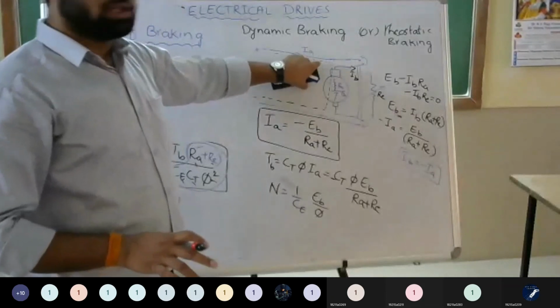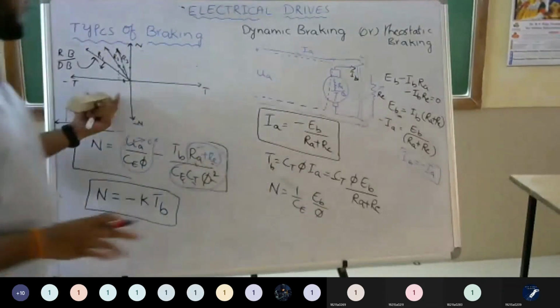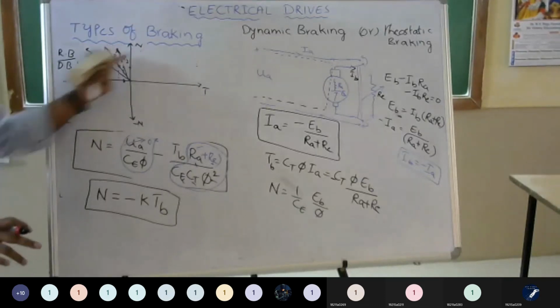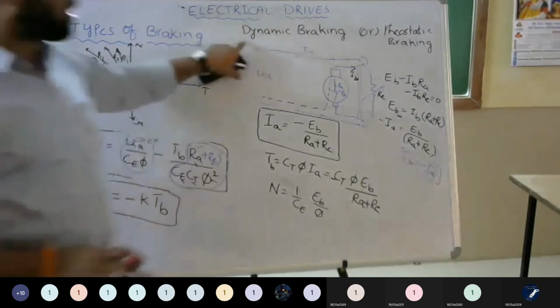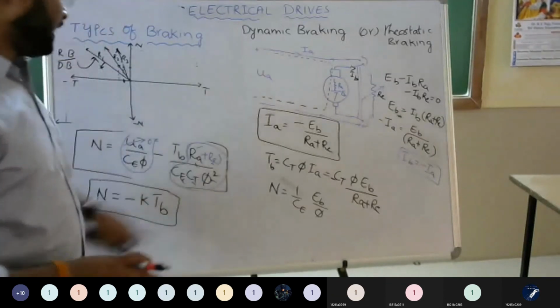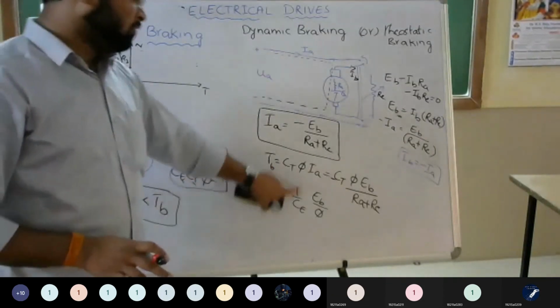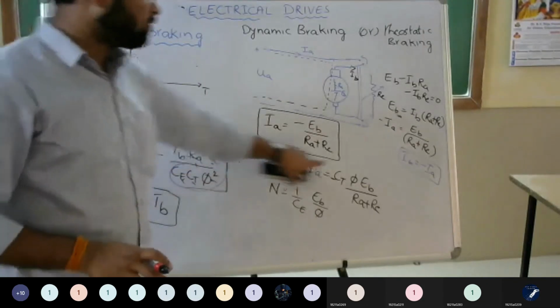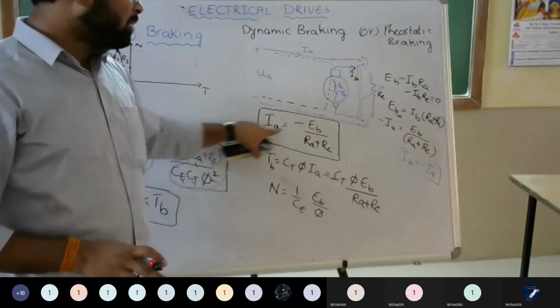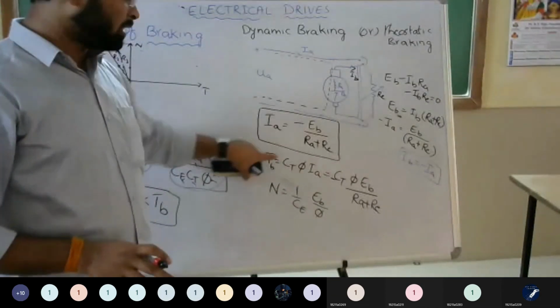For this braking, we consider the equations and these are the speed torque characteristics. Speed and torque equations are required. First we went through the speed equation, we got it. The torque equation, we got it. Here we understand that in the speed equation, IA became negative and UA became 0.